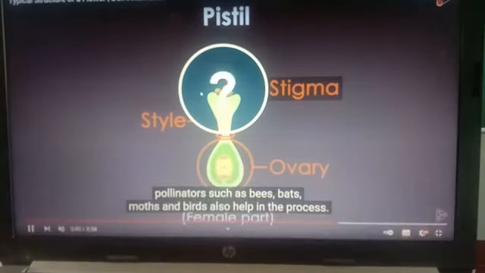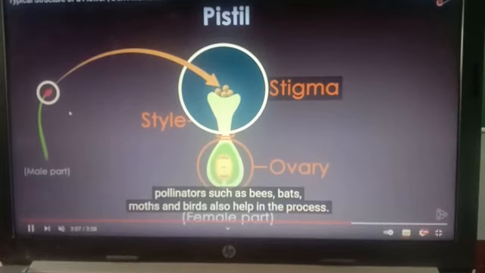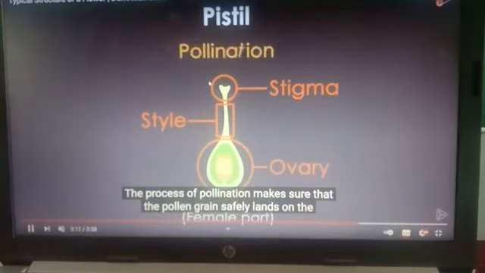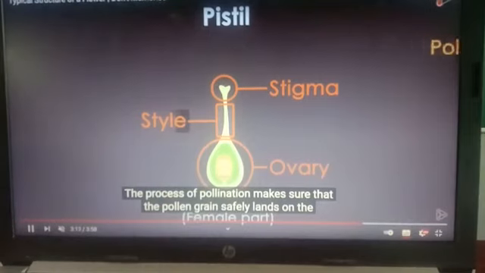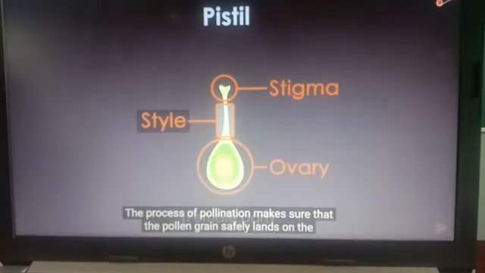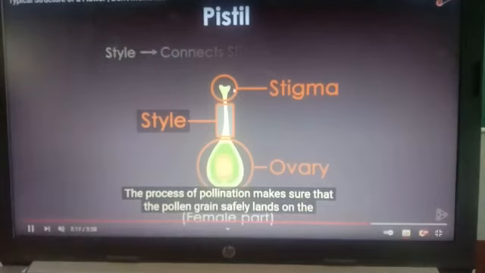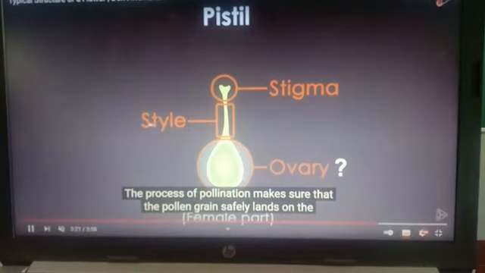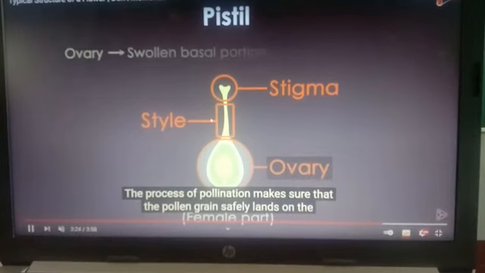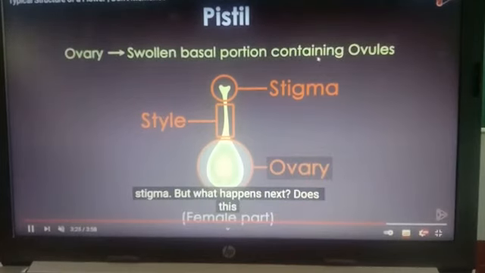See, this is the pollination. These are the pollen grains. The stigma will receive the pollen grain that is transferred from the anther to the stigma. This process is known as pollination. Then the pollen grain will be transferred to the ovary with the help of the style, and the ovary is the swollen basal portion containing ovules.